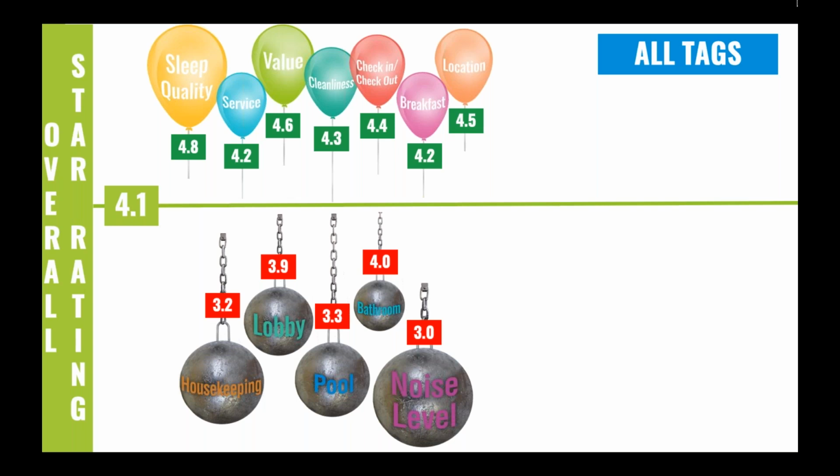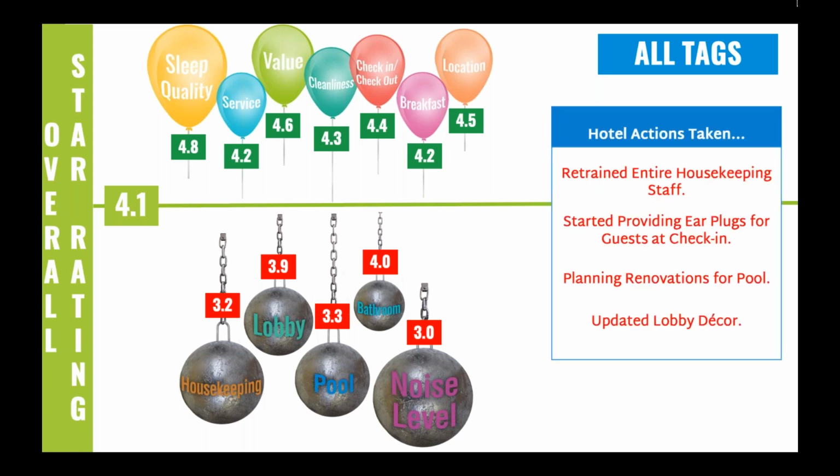The overall star rating for this hotel is a 4.1 out of 5 stars. Now, for most hotels, they would be happy with this score. But what if we could identify for the hotel just a few small things that, if fixed, like housekeeping or noise, could increase their score even higher? Let me show you an example of how.